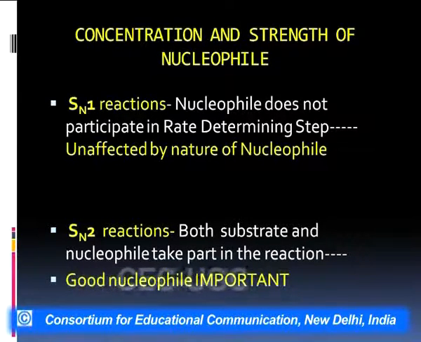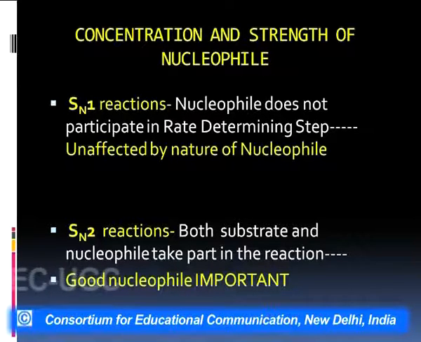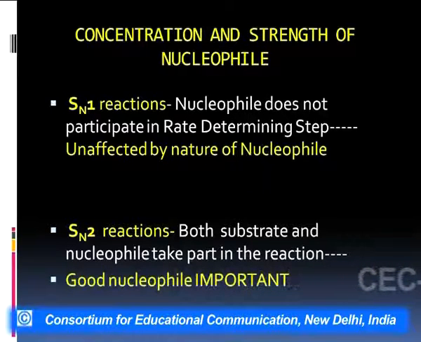So the SN1 reaction is not affected by the nature of the nucleophile. It is the SN2 reaction which is affected both by the concentration and the strength of the nucleophile, because there in the rate determining step both are taking part, that is the substrate as well as the nucleophile.